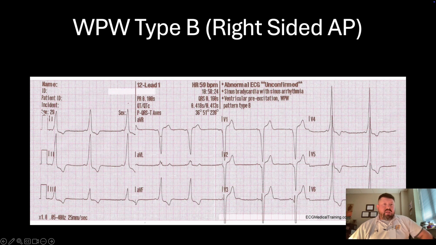A type B, or right-sided accessory pathway, you're going to see inverted delta waves in V1 and V2. So it kind of looks like a bundle branch block, but you don't have the R wave slurring or the terminal R waves in 1 and AVL in V6.